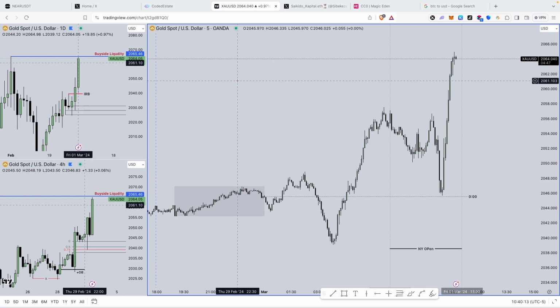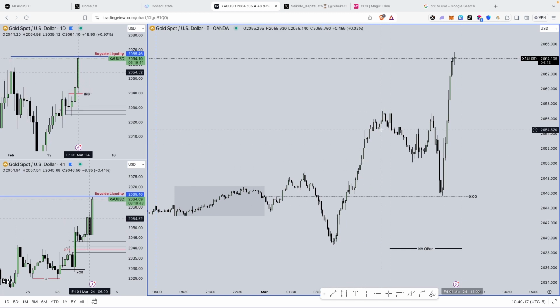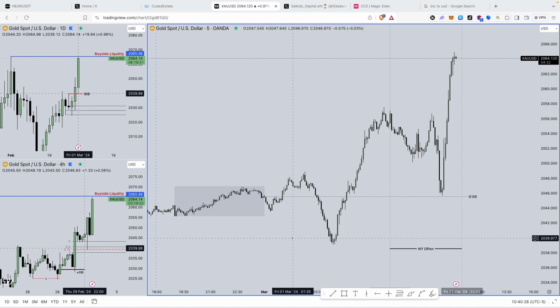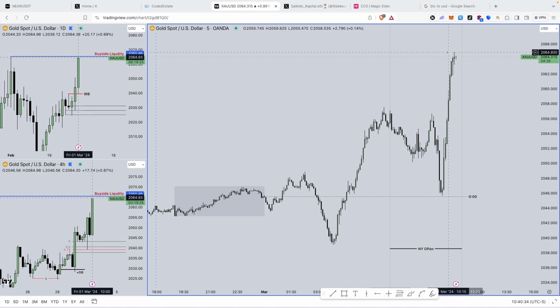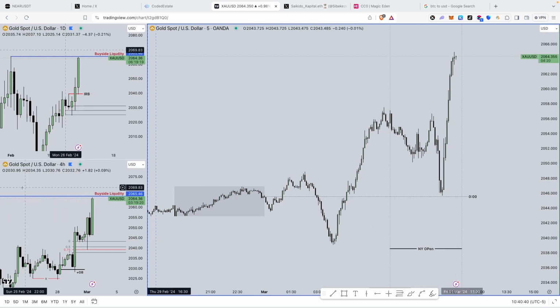In the morning, we caught a buy, or rather, I shared it on X. I'm yet to share it on Instagram, on how there was a good setup for this London Open. So now I'm about to share a nice breakdown of how you can catch such movements during New York, especially when you're trading gold.